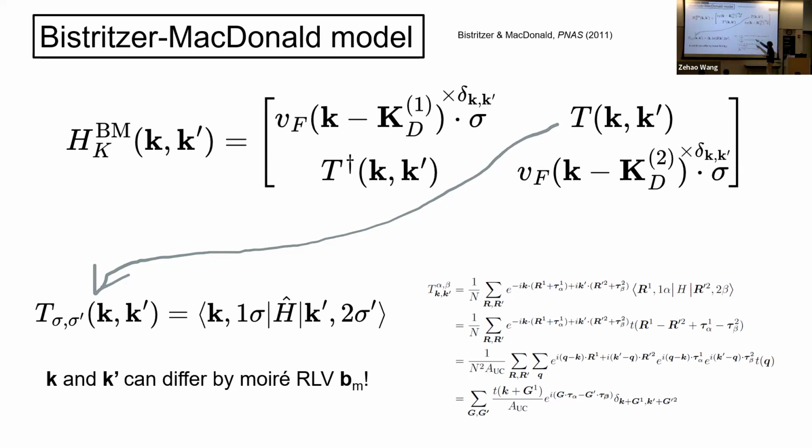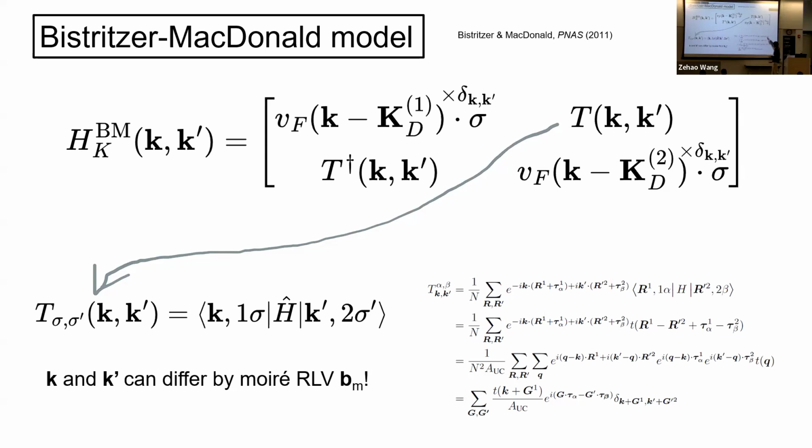So for example, the top left block, I wish my laser worked. The top left block basically indicates the physics within layer 1. So this is the intralayer physics in layer 1, while the bottom right block is the intralayer physics in layer 2. On the other hand, the off-diagonal blocks indicate the physics of hopping between the layers.